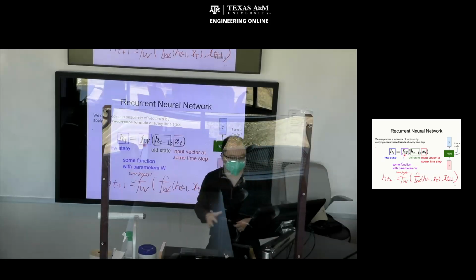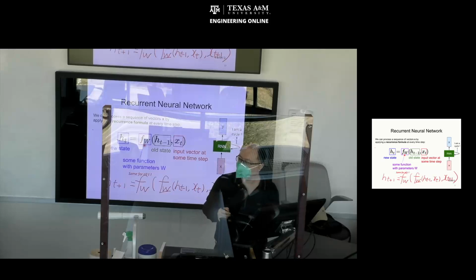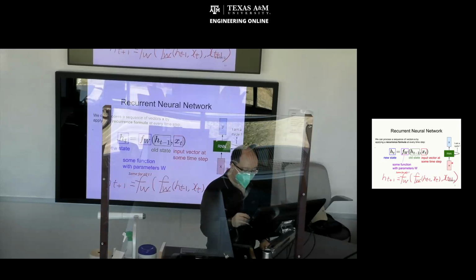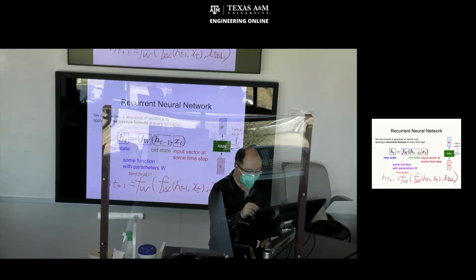If we want to visualize this concept, the bottom is the input x and the top is the output y, which is like h sub t. Then this new h sub t is going to be fed back to this RNN with the new x sub t plus 1, and then you get the new h sub t plus 1, and so on. So it's like a cycle here.